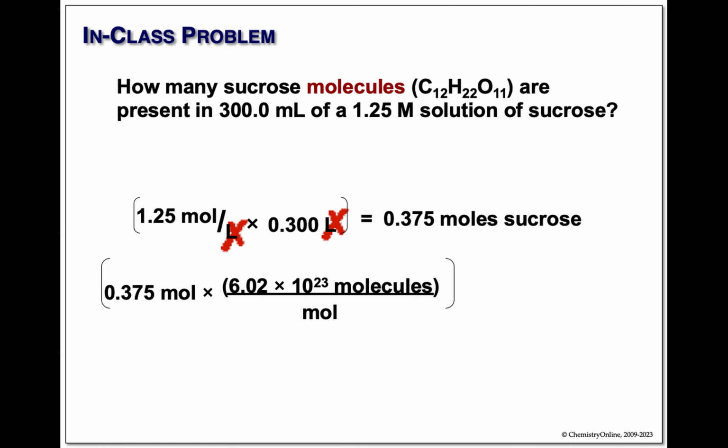Once we know how many moles we have, we can use 10 to the 23rd molecules per mole. Moles will cancel, and we are left with molecules. 2 times 10 to the 23rd molecules. Any questions? So you can just use these things interchangeably and make all sorts of problems.